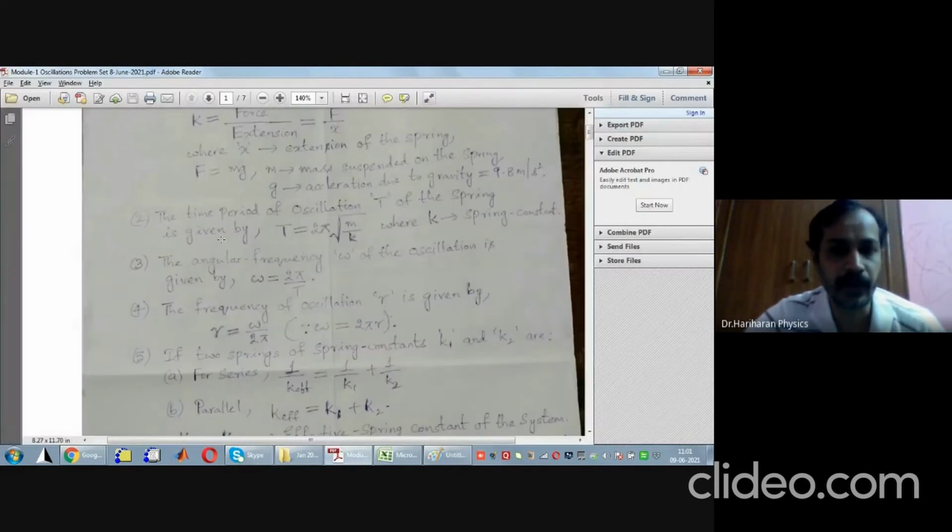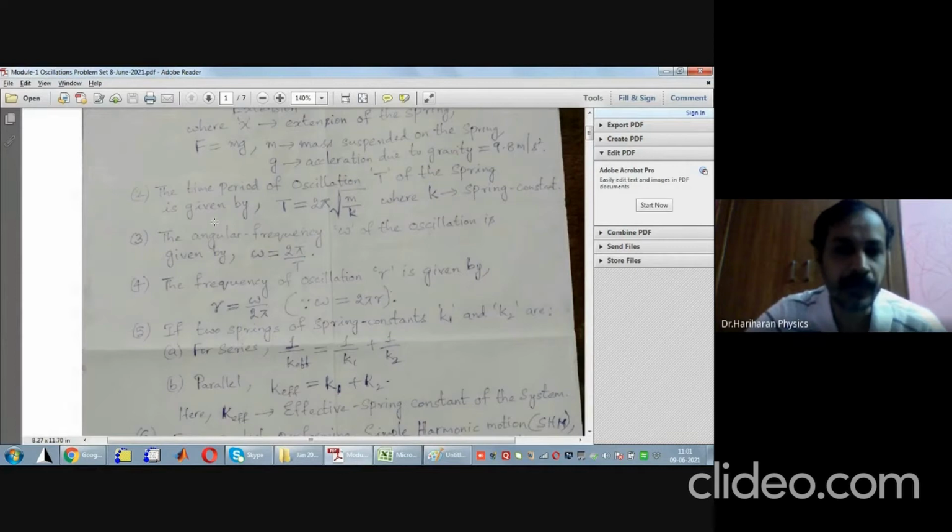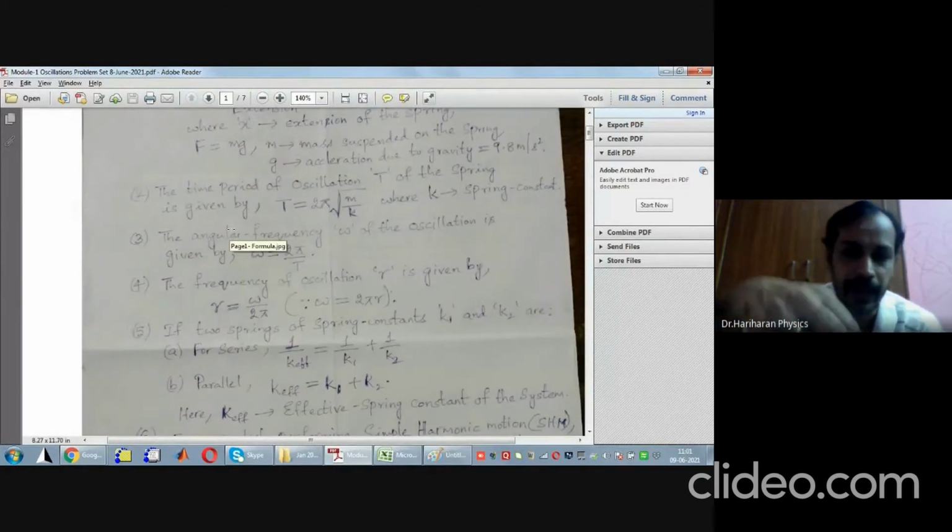Okay, next, what is the second formula? The time period of oscillation of a spring is given by, so if a mass m is attached to a spring of spring constant K, and if that spring is set into vibration, it will execute to and fro motion.